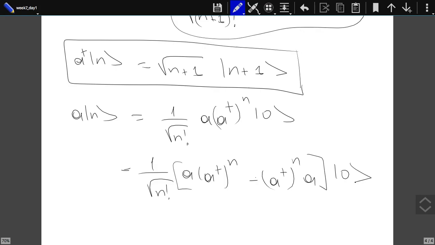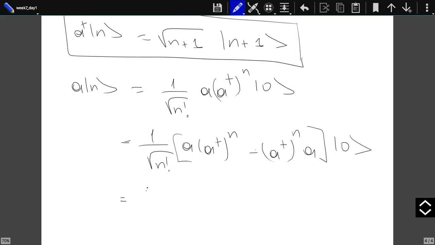Well, you see the second term that I added just gives me 0 because A acting on the ground state is 0. So that's why I just added a 0 over there. But you see this term over there is nothing but the commutator of A and a dagger to the power n.